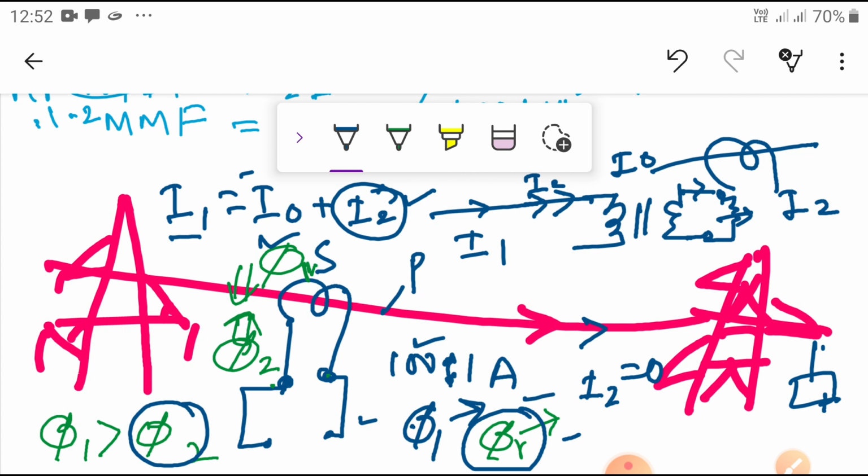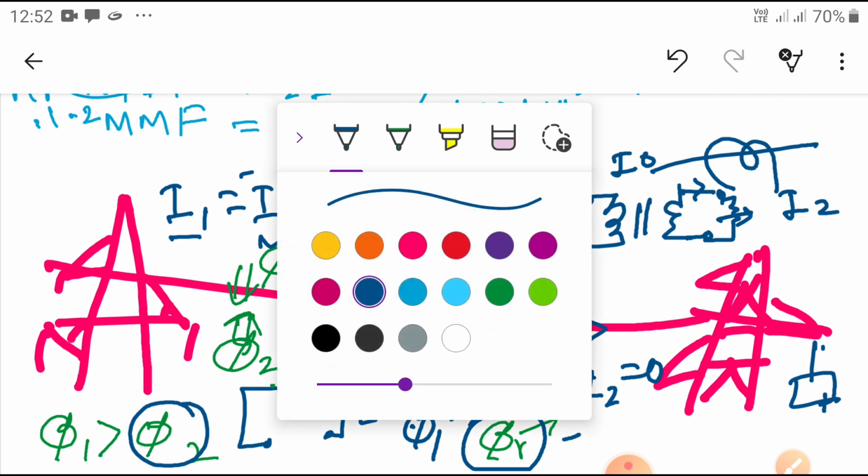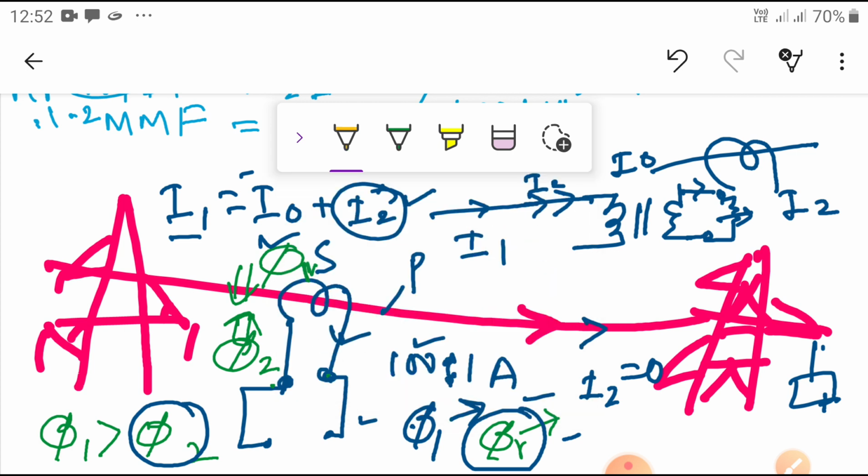Again, due to the large flux in the core, the flux linkage of the secondary winding will be large, which will produce a large voltage across the secondary terminals. Due to the flux, as per Faraday's laws of electromagnetic induction, it induces a large amount of voltage. Here the EMF induced is very high, that is E2.